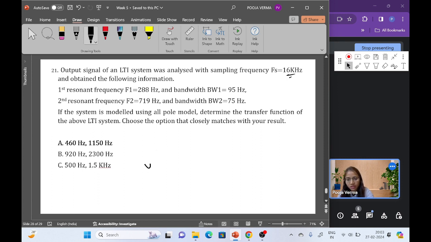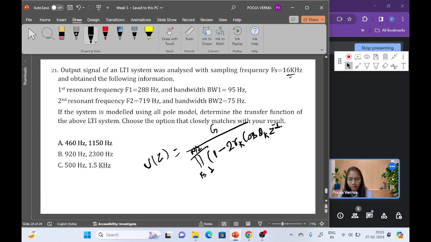So for the all pole system, H of z is represented by G, where G is a constant, over the product for k equal to 1 to N by 2 of 1 minus 2 r_k cos theta_k z inverse plus r_k square z to the power minus 2.